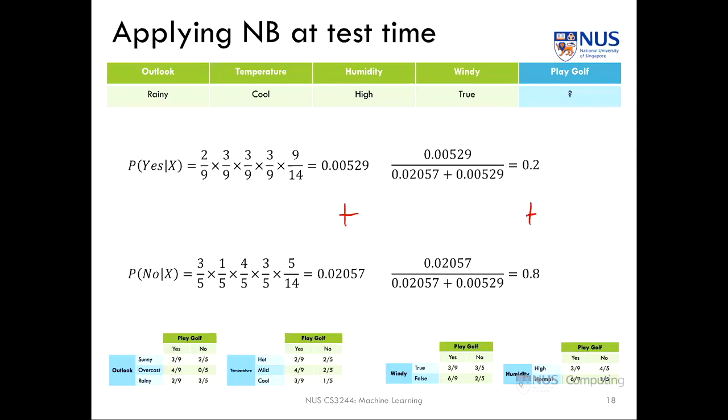But of course, in the case where there's more than 2 outcomes, all of the cases will have to sum to 1. So the answer to our question is definitely we're not going to play golf with 80% probability given what we know of the weather conditions at that time.